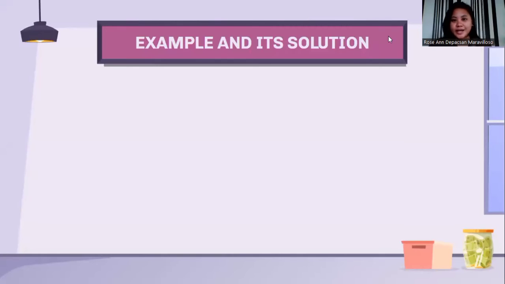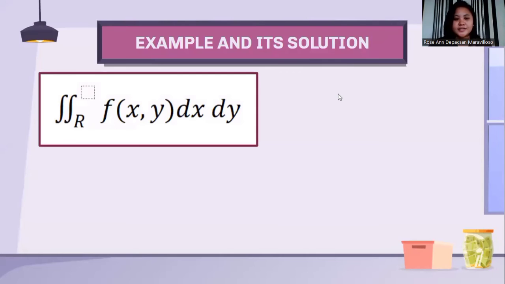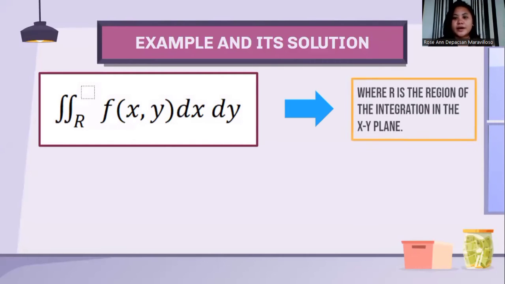So today, I am tasked to show one problem that involves a double integral. We have double integrals of f of x comma y dx dy, where R is the region of integration in the xy plane. Double integrals give the volume under the surface given by the function f of x comma y.